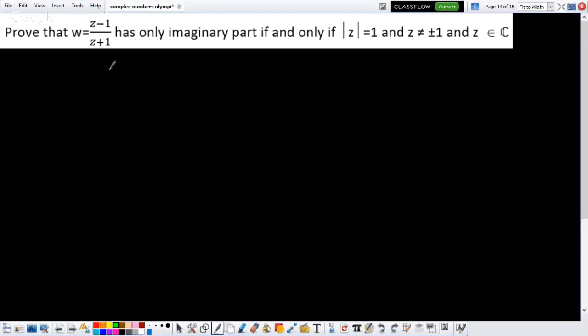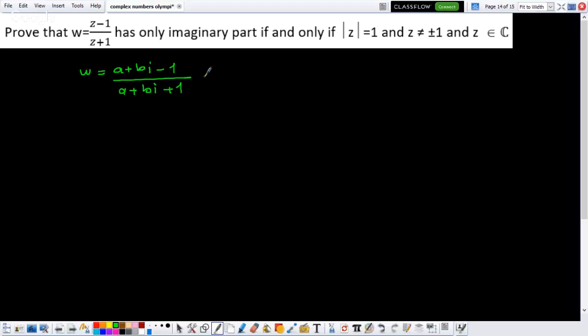Here, I'm going to use for the W is equal to A plus BI minus 1 over A plus BI plus 1. And it's asking that prove that it has only imaginary part if and only if.